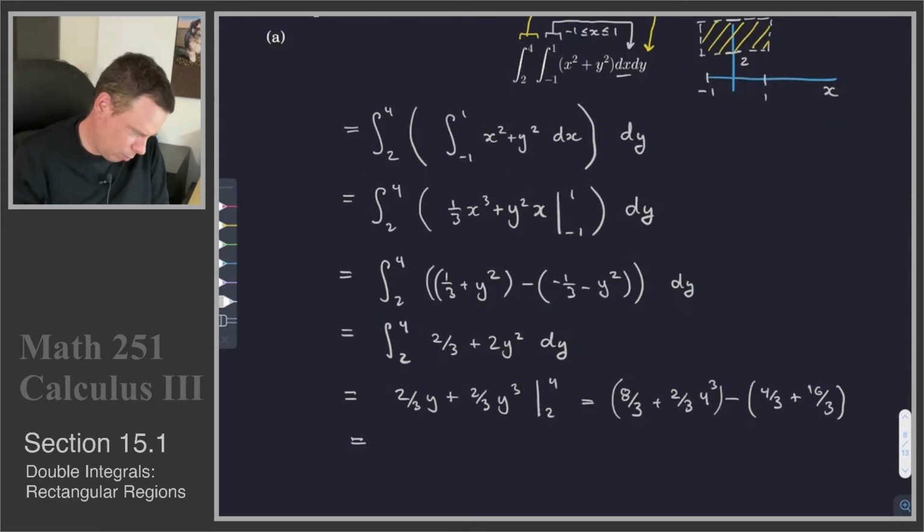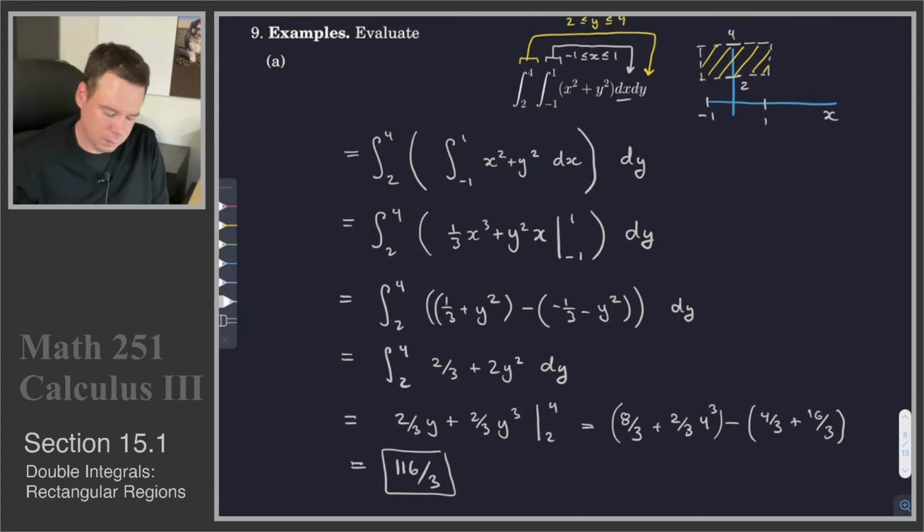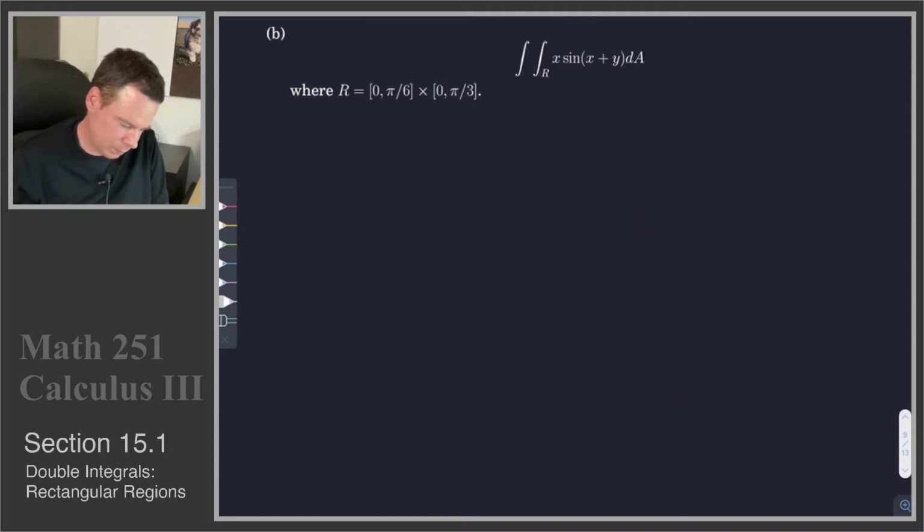And this works out to be 116/3. And so there we go. We've just worked out a double integral by this technique of iterated integrals, using calculus 2 techniques, doing one integral at a time. Let's have a look at another example.